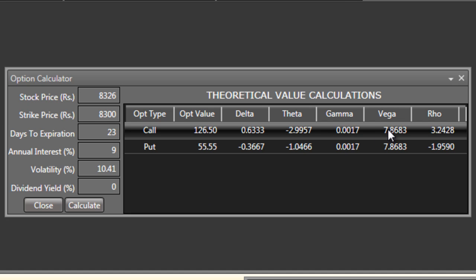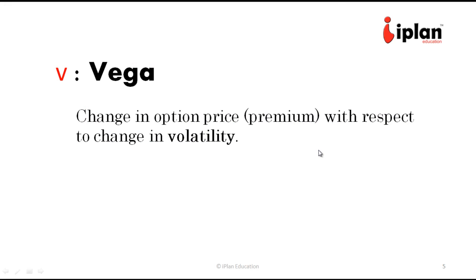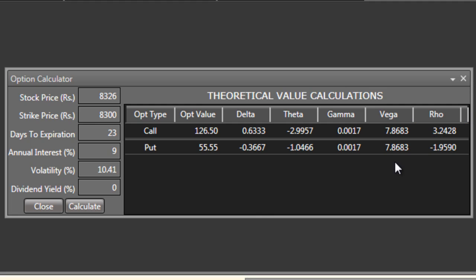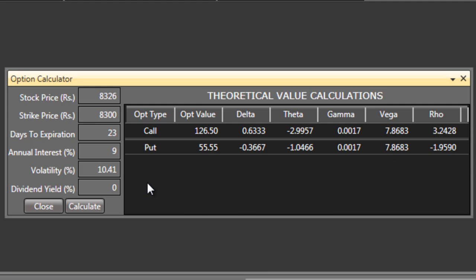Now let's check out what Vega is. Vega represents the volatility. Vega is the change in option price, or the premium, with respect to the change in volatility. If implied volatility changes by 1%, how much will the option premium change? This is highly sensitive. We can see here it is 7 rupees, so 7 will be the change in option value if volatility changes by just 1%.